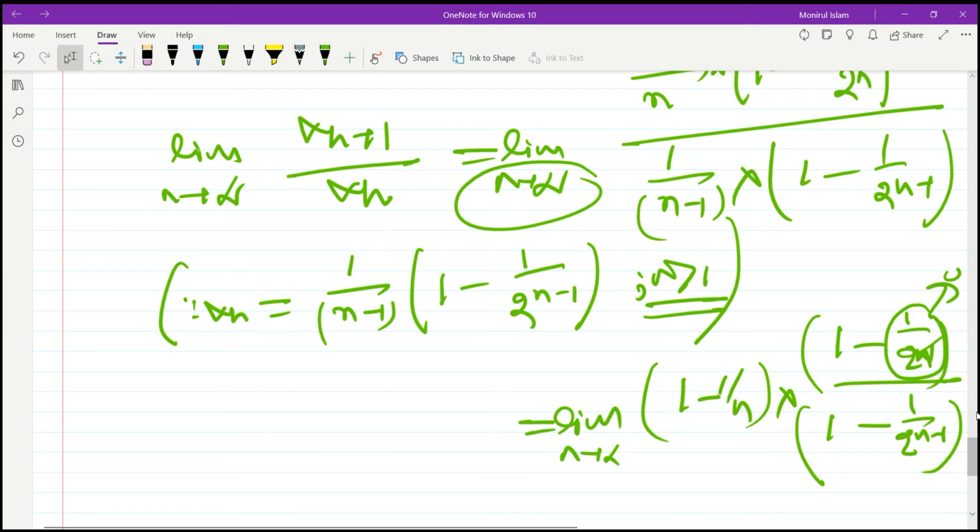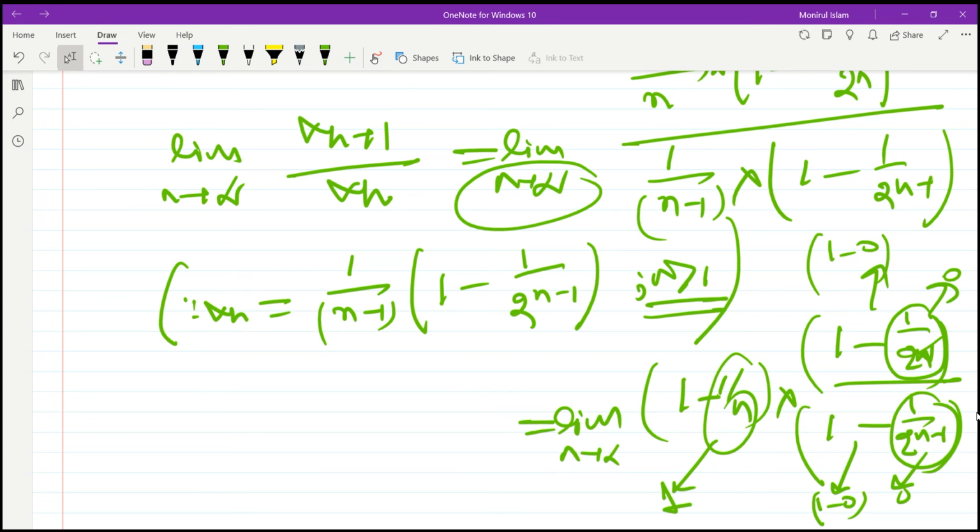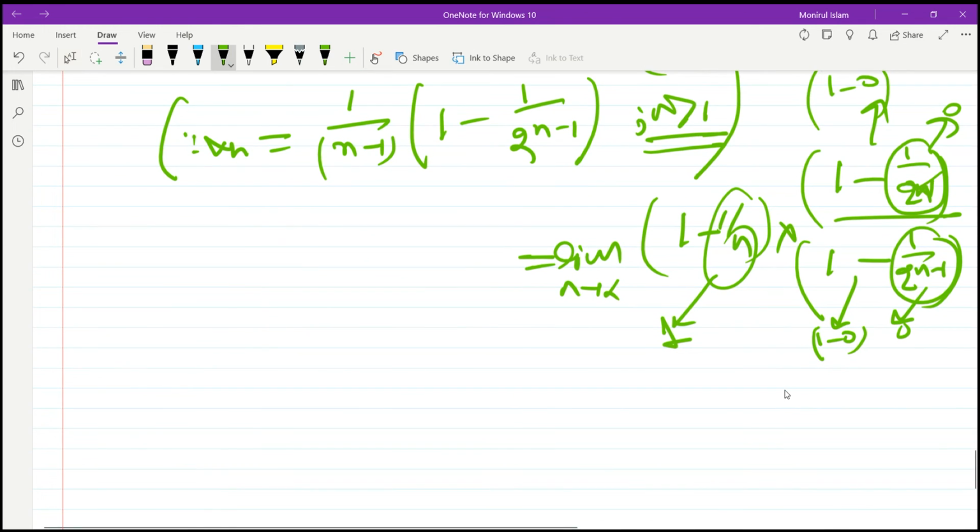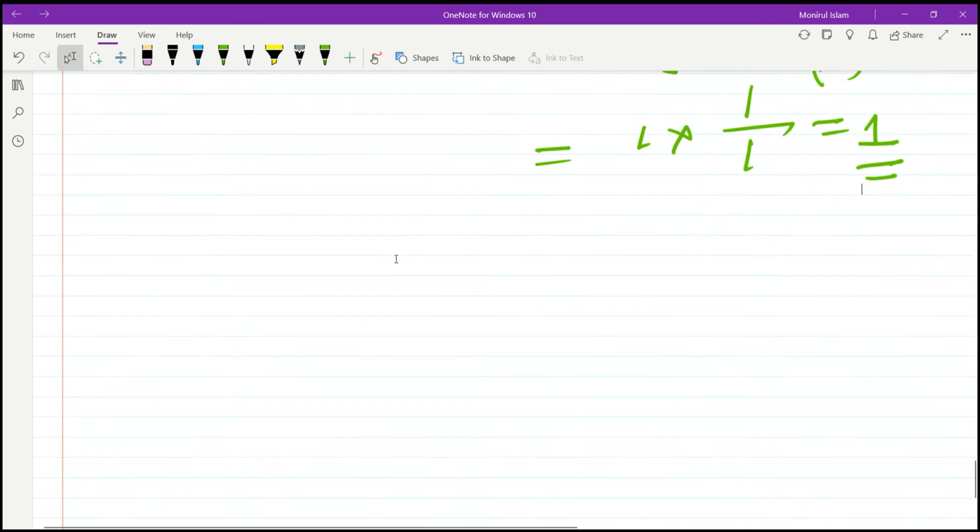So the upper part tends to 1 minus 0, which is 1, and the lower part tends to 1 minus 0, which is 1. So the overall limit is 1.